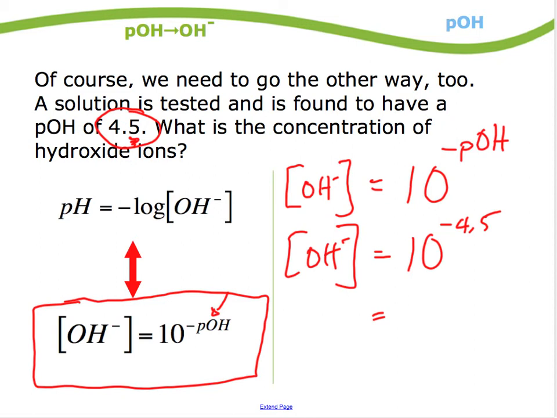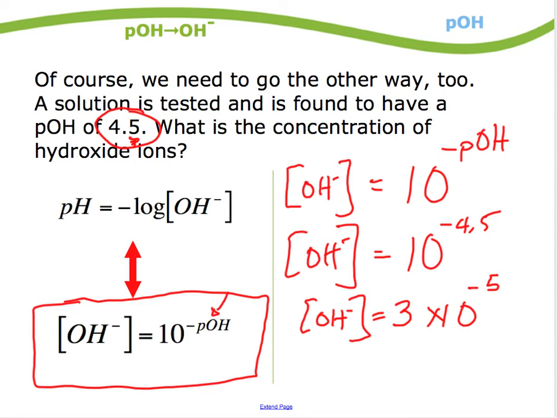On my calculator, it comes out to, I only have 1 sig fig again, so this one is 3.16, etc. So I'm just going to write 3 times 10 to the minus 5. So that'll be the concentration of hydroxide ions in that solution.